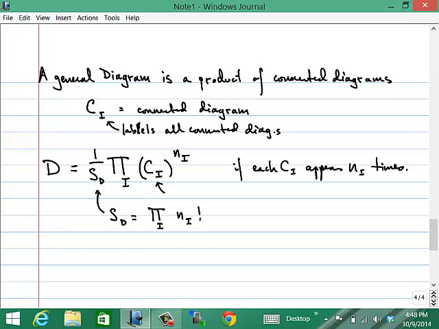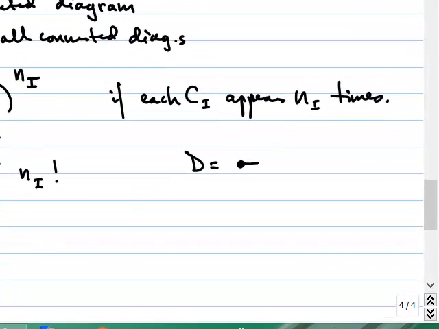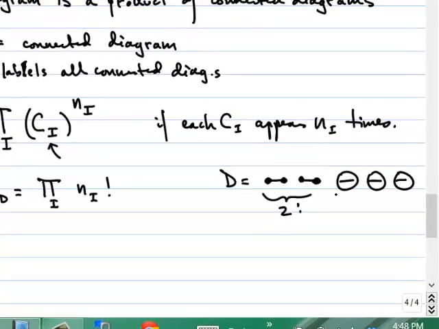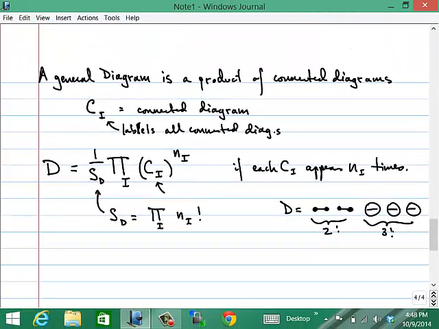So let's say that your diagram D is 2 of one type of diagram times 3 of a different type of diagram. Then there'll be a symmetry factor of 2 coming from here and a symmetry factor of 3 coming from here.